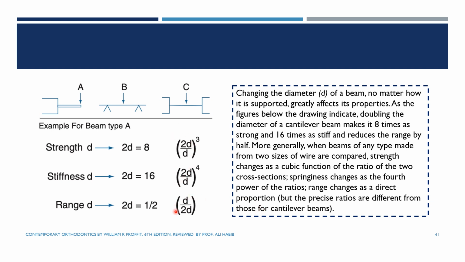So you can see that although the trend is similar, that strength and stiffness will increase greatly, the range will be affected differently: here it will be cut in half, and here it will be proportional.